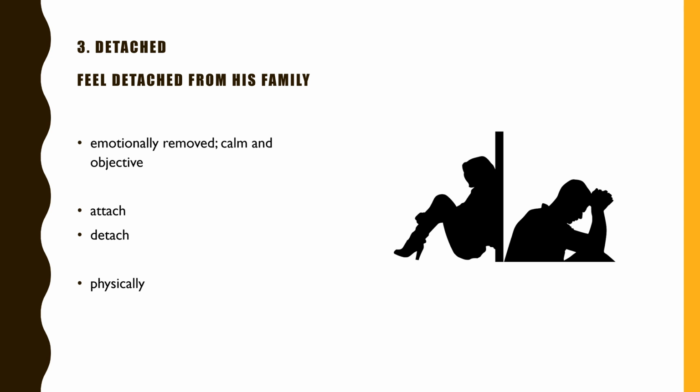You can attach things together, put them together, or pull them apart, and you detach them physically. And so we can also talk about the emotional attachment and detachment. You get a puppy and you get very attached to that puppy emotionally. And later on, you get detached emotionally apart.